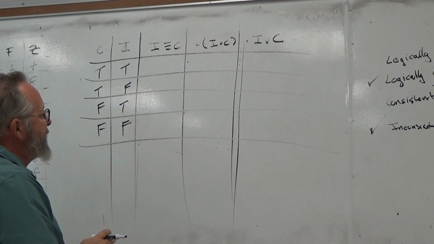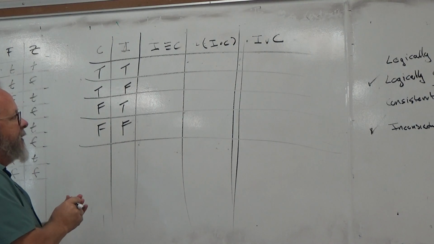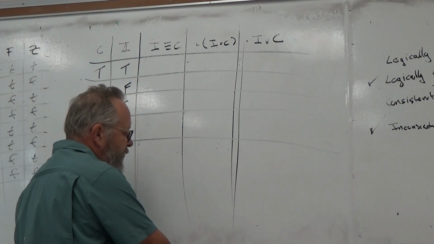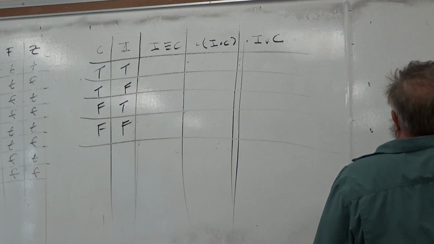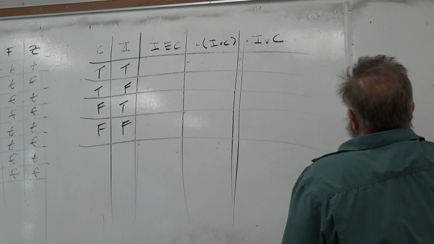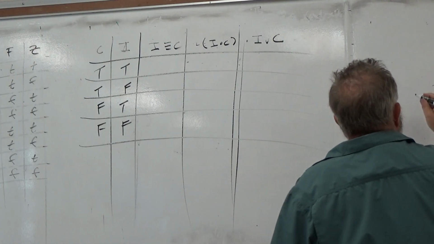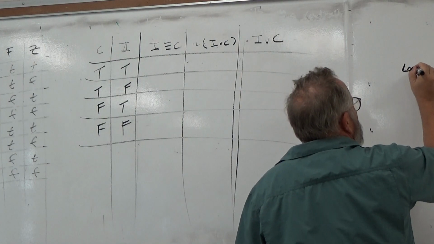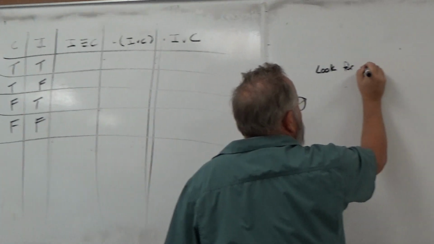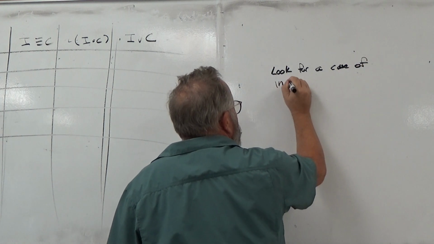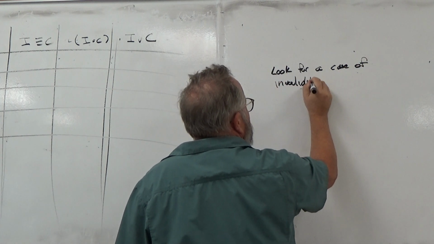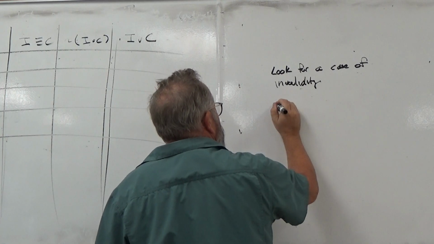Okay. So let's back up a little bit and think about what we're doing. We're trying to prove validity or invalidity by truth table, okay? And so what you should think is this: look for a case of invalidity. And what is that?